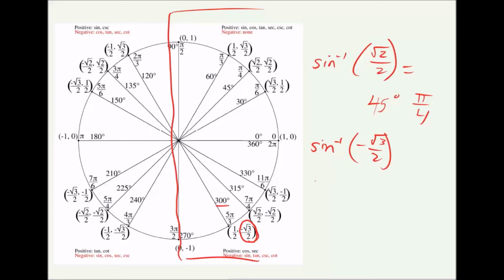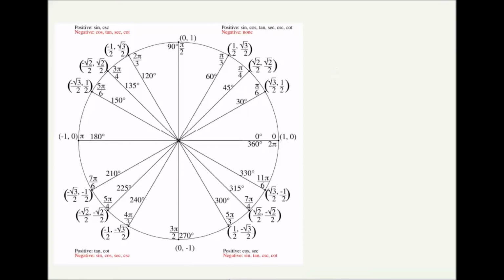However, since for arcsine it has to be between negative pi over 2 and positive pi over 2, or negative 90 and positive 90, we need to give the angle that actually fits in this area. So if this is 300, but it has to be in this area, what is that negative angle? That's either negative 60 degrees or negative pi over 3. So it'd be either one of those answers, depending on whether it's asking for degrees or radians.